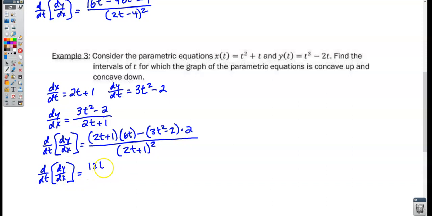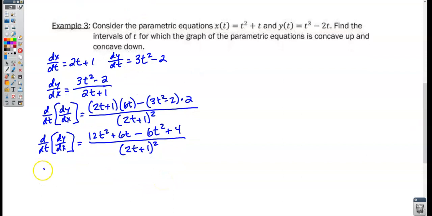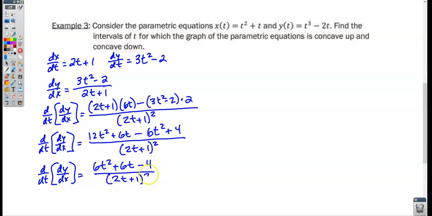And we've got 12t squared plus 6t minus 6t squared plus 4 all over 2t plus 1, the quantity squared. So this is 6t squared plus 6t plus 4 all over 2t plus 1, the quantity squared. Oop, that's plus 4.